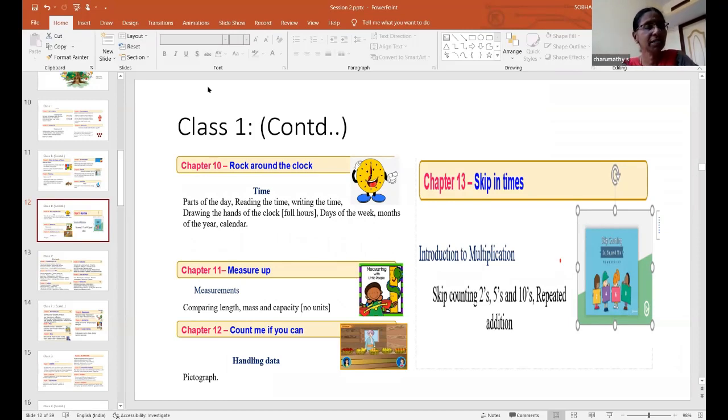And of course, our in-house publication books are done in such a way that children work out most of the problems only in the reader. Even the fun activities, experiential learning activities, AL activities, value-based questions, everything is done only in the reader.